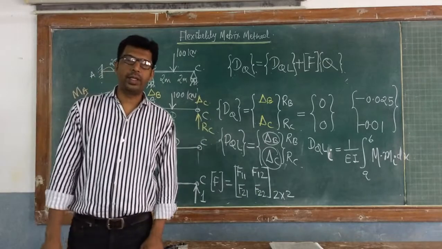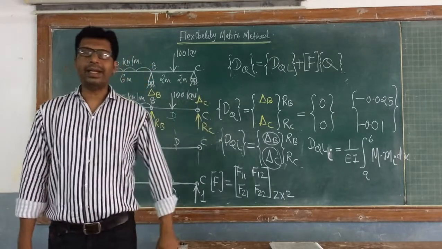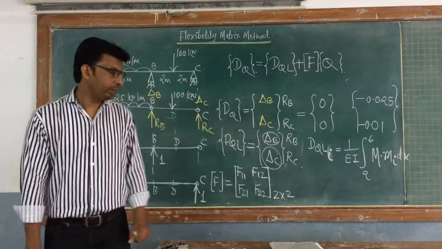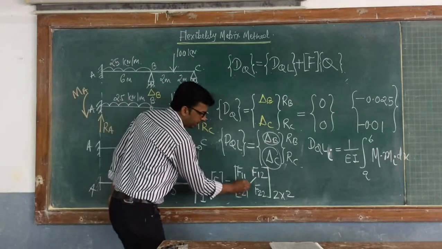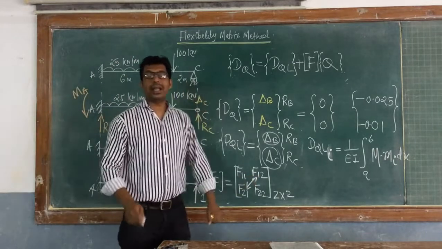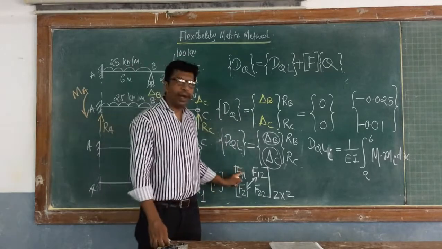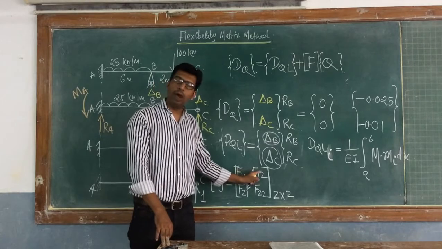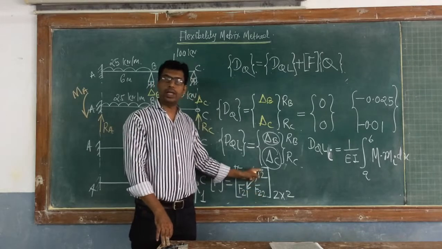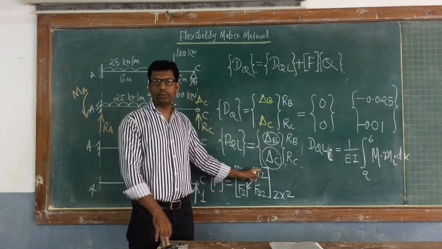But the flexibility matrix is always a symmetric matrix. It means these 2 elements are always the same. So we have to find out F11, F12 and F22 only because F21 equals F12.